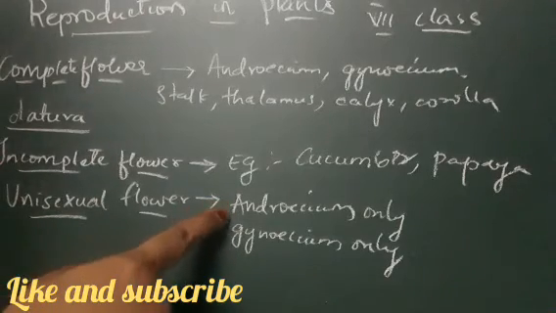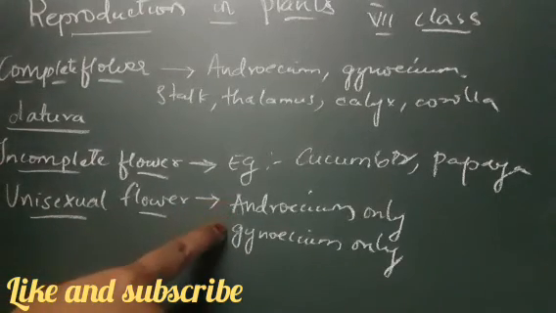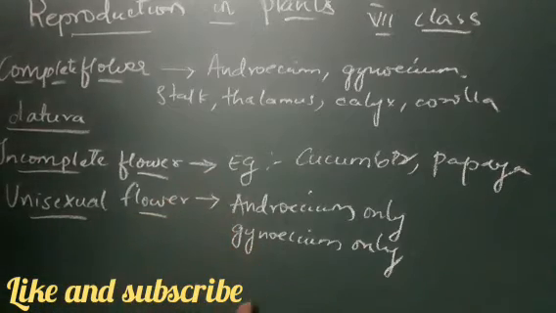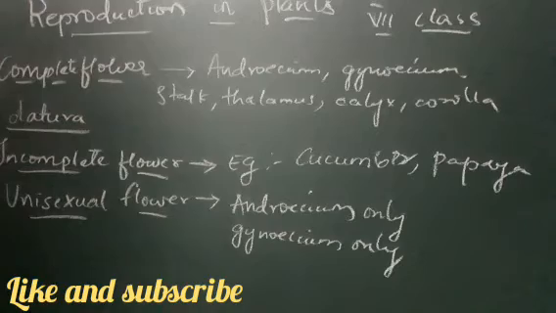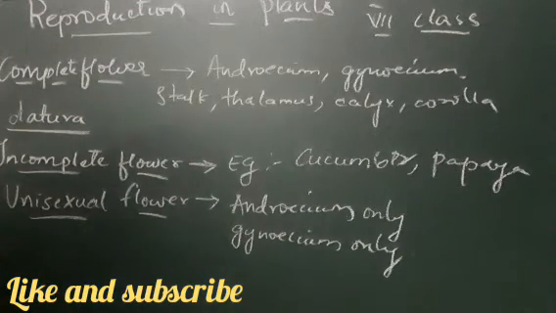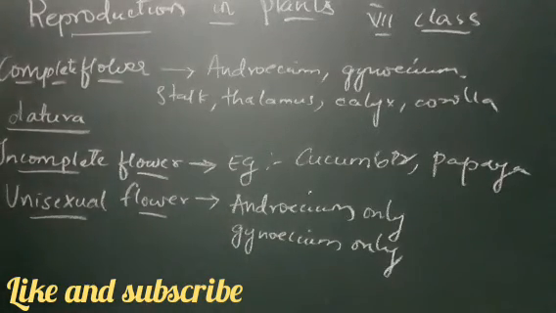So that means it is a unisexual flower. Only one type of gamete is available, either only male gamete or only female gamete, then it is called a unisexual flower.